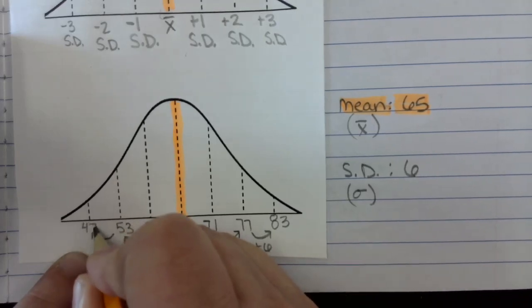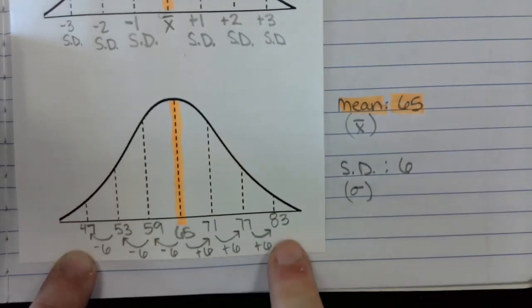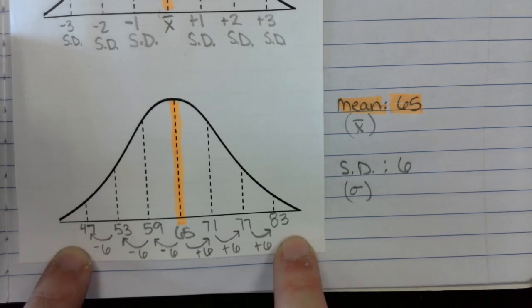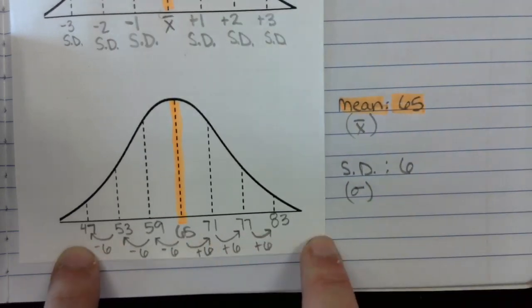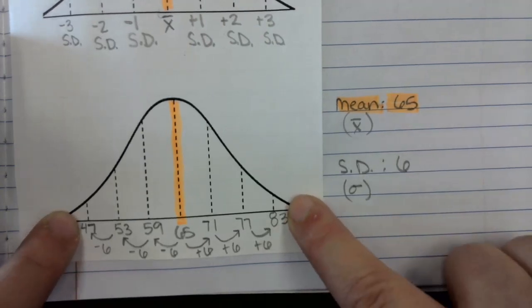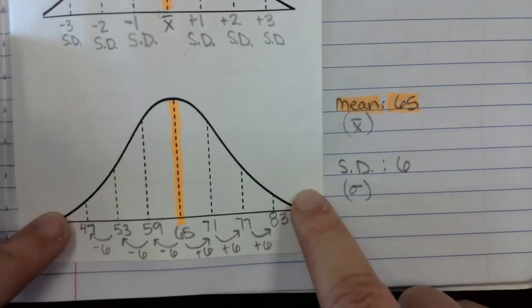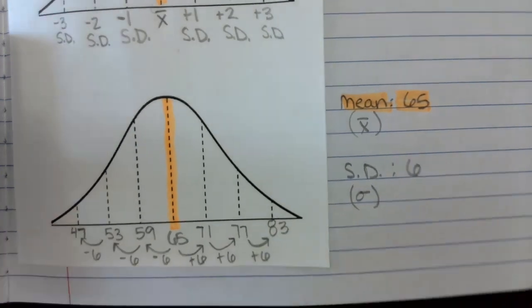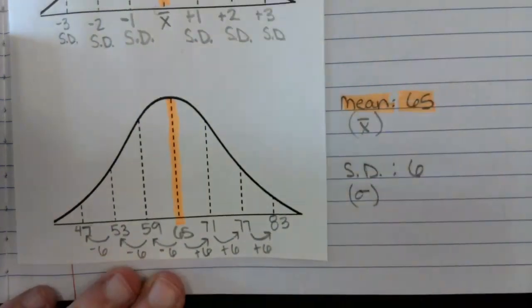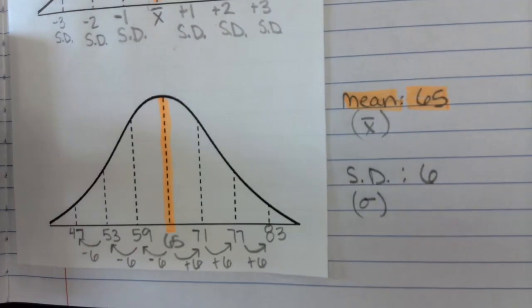So 6 wasn't quite the exact standard deviation, I just estimated it. Maybe a little off. It probably is like 6.2 or 6.3 to really encapsulate all of that. But we could say almost all of our data fits between 47 and 83. Again, that standard deviation, I just tried to make it a nice number for us rather than using a decimal point like it is.